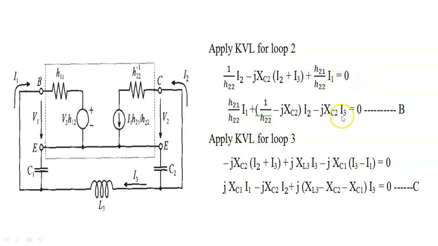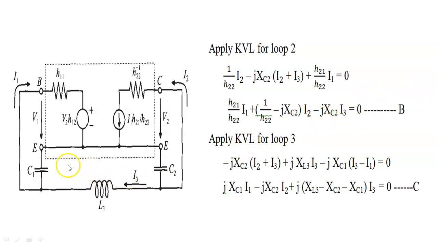Here also we rearrange the equation according to the loop currents. H21 divided by H22 into I1 plus (1 by H22 minus jXC2) into I2 minus jXC2 into I3 is equal to 0. So this is loop equation 2.